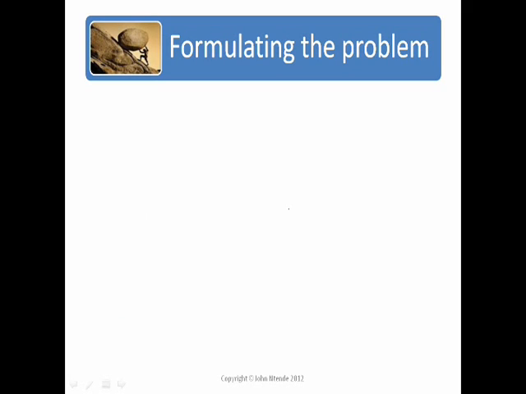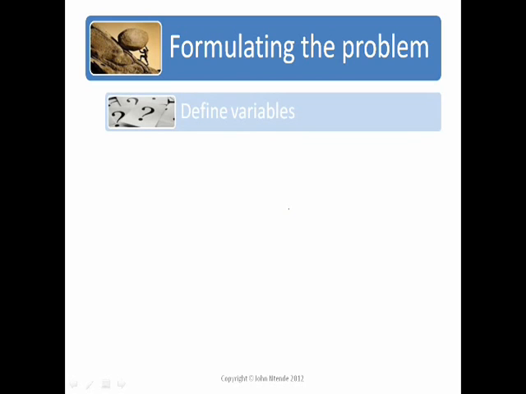So we need to have a systematic way of formulating the problem. Now in ACCA, the best thing is to always have a key set of tools. So when you see a question relating to linear programming, you know that you have a standard set of steps you need to use to solve the problem. So the standard set of tools you need to solve the problem is: 1, you define the variables.